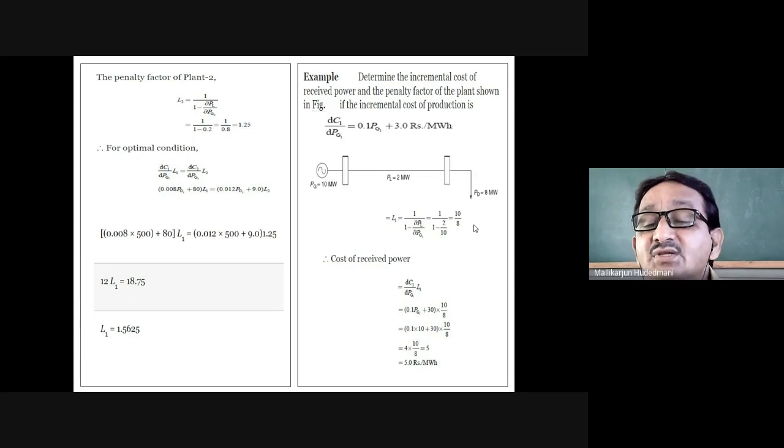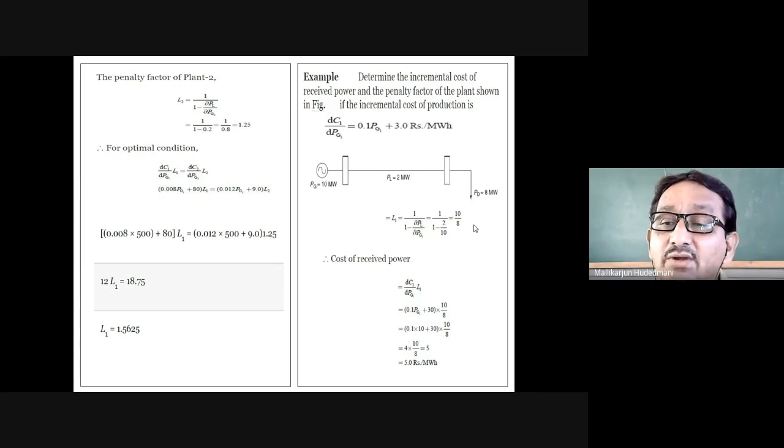Where does this come from? Interpretation of penalty factor. Penalty factor is an indicator of how costly it is to incrementally produce a megawatt. That's the indication. How costly it is, is obtained by the penalty factors L1, L2, L3 like that.